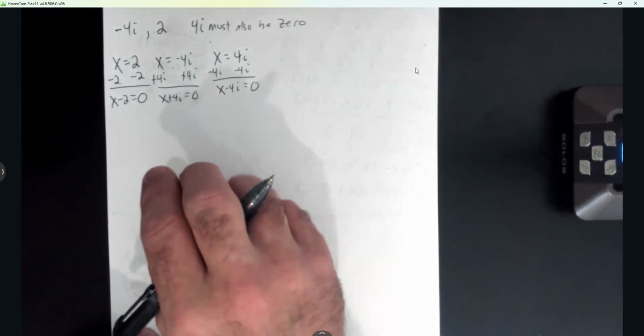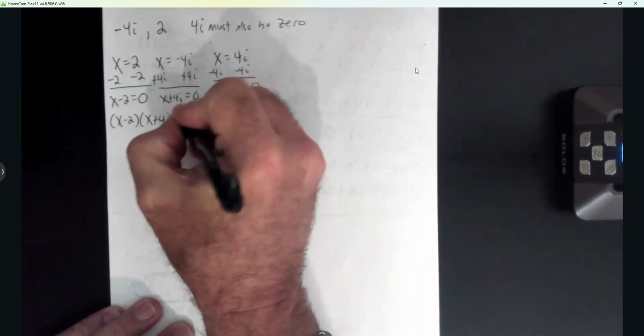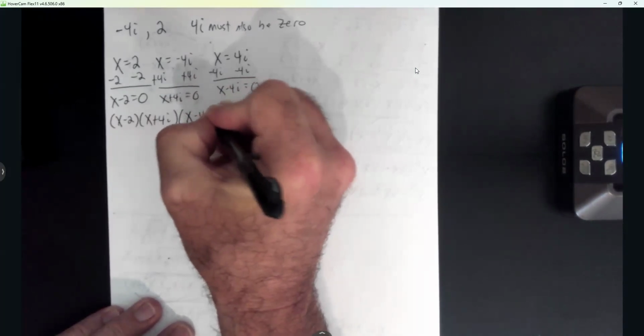So after this chapter, you got good at FOILing for sure. Put everything in parentheses, all equal to 0. And so guess what?